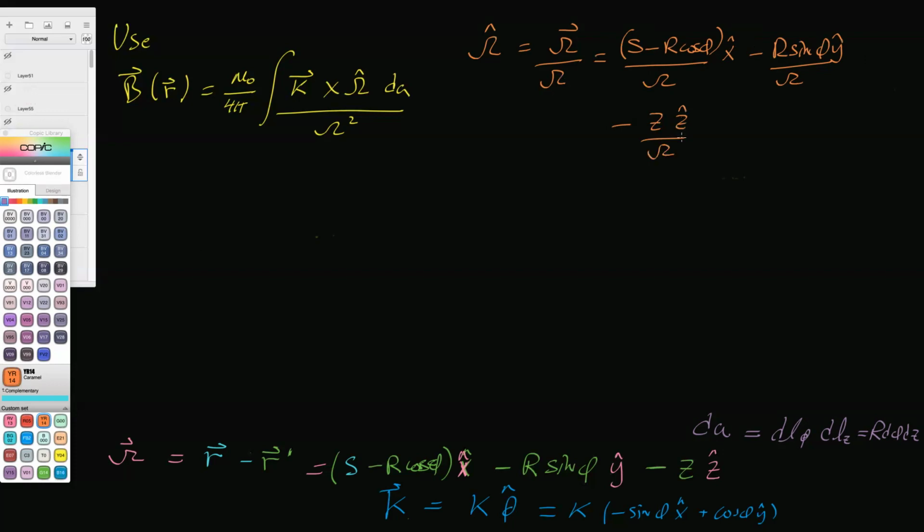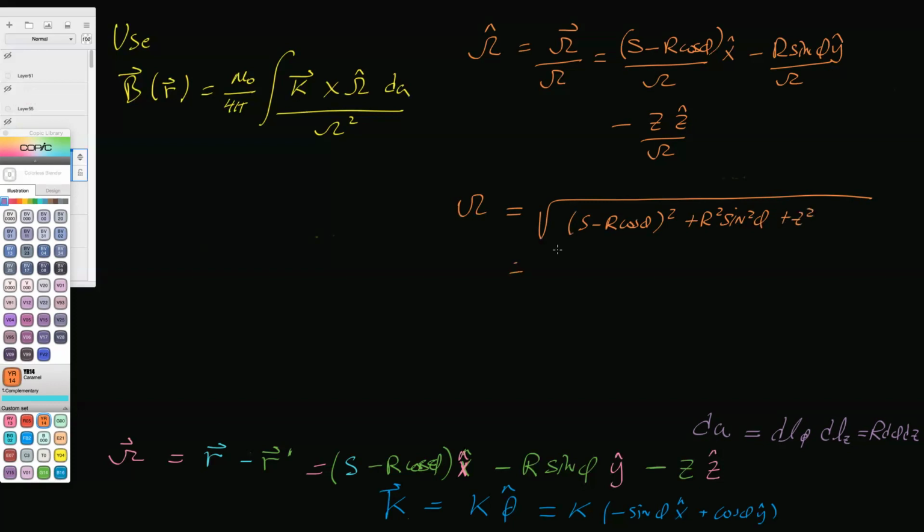Okay, so I'm not going to write out what omega is. Let's figure out the length of omega. It's going to be the square root of (S minus R cosine phi) squared plus R squared sine squared phi plus Z squared.